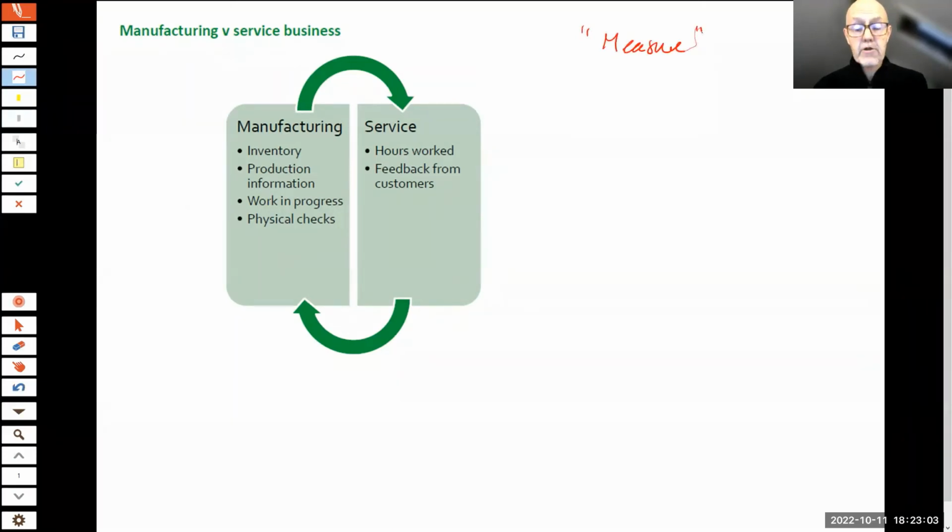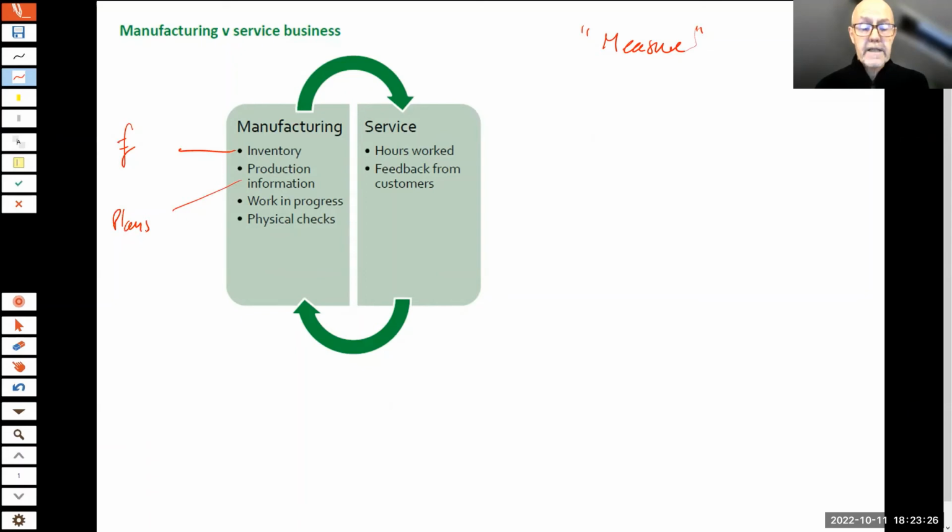So in a manufacturing business, plainly, inventory is a massive financial cost. So there'll be controls on the amount of inventory, and production information to determine how to meet future plans.